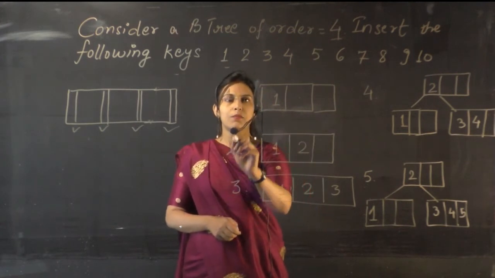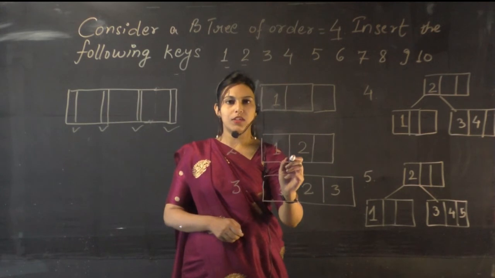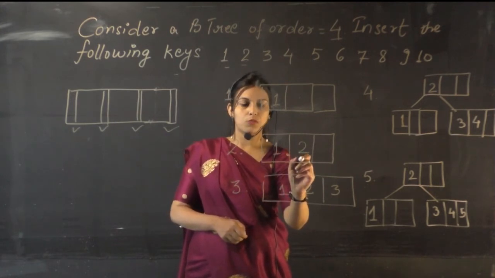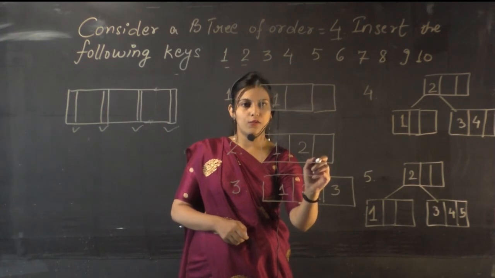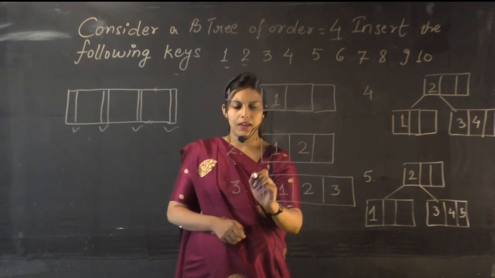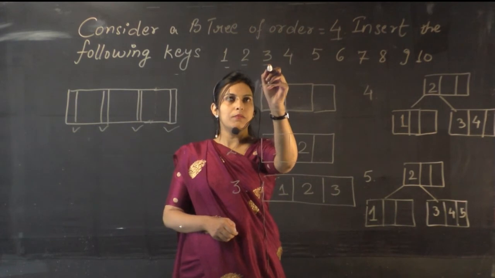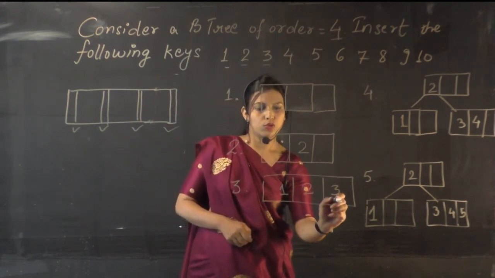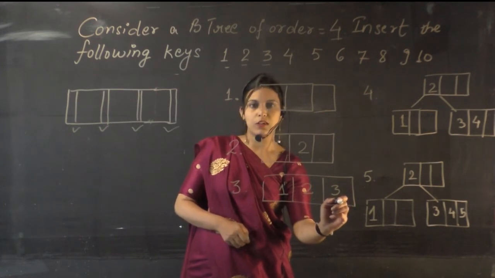Now in the second step, the second element, that is 2, is inserted in the B tree. So I will insert 2 at this position, and again we have 1 space vacant here. In the third step, the third element will be inserted. So the node will look like 1, 2, 3. 3 will be inserted at this vacant position.